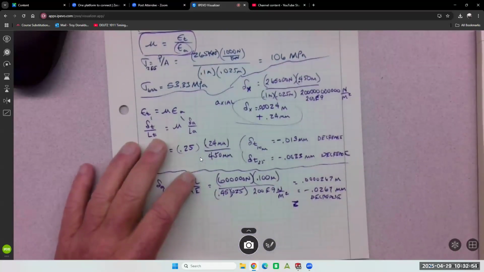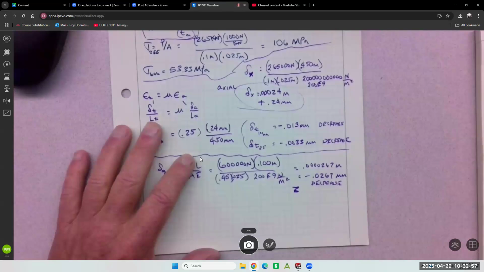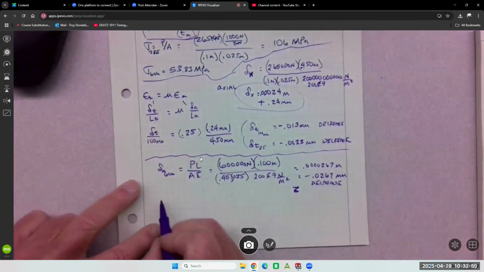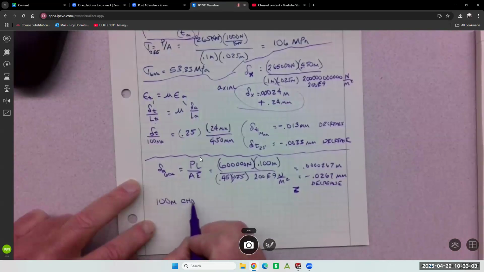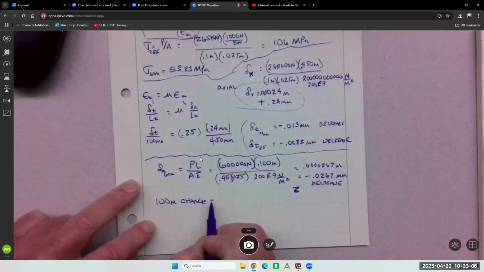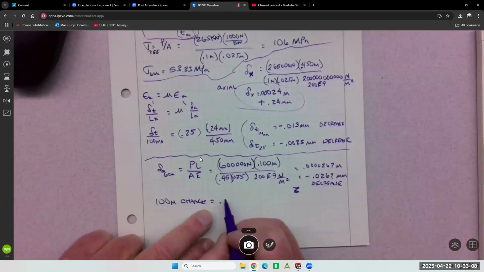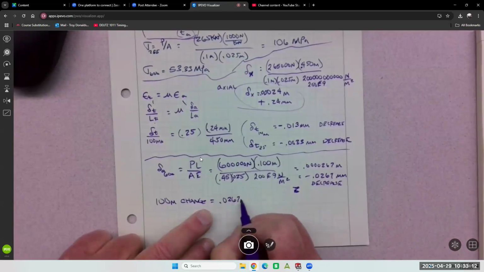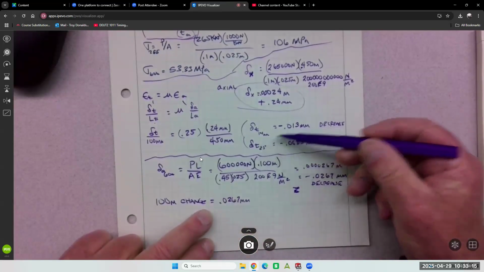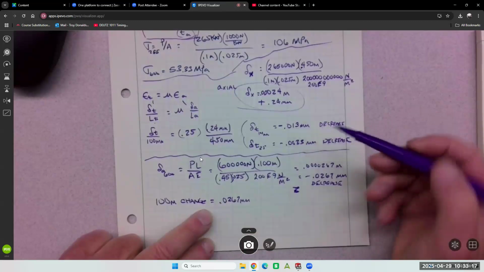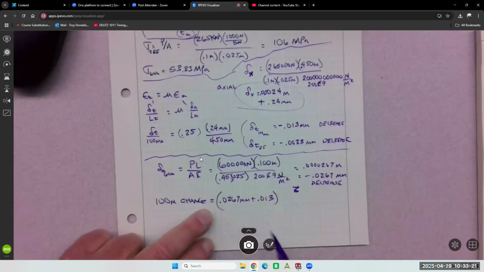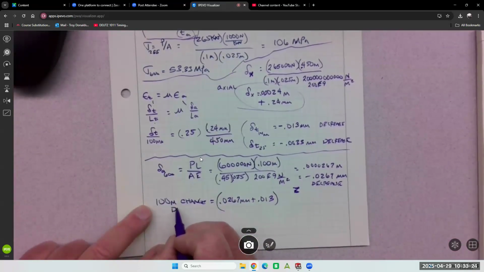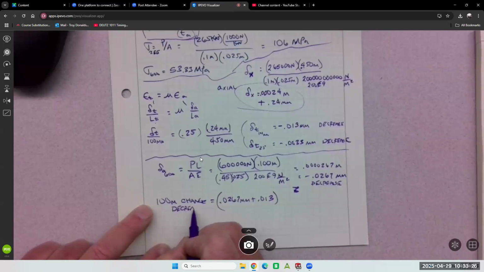So right now, the change in the 100, so the 100 millimeter change equals the 0.0267 and what we found up here, 0.013. So that's a decrease.